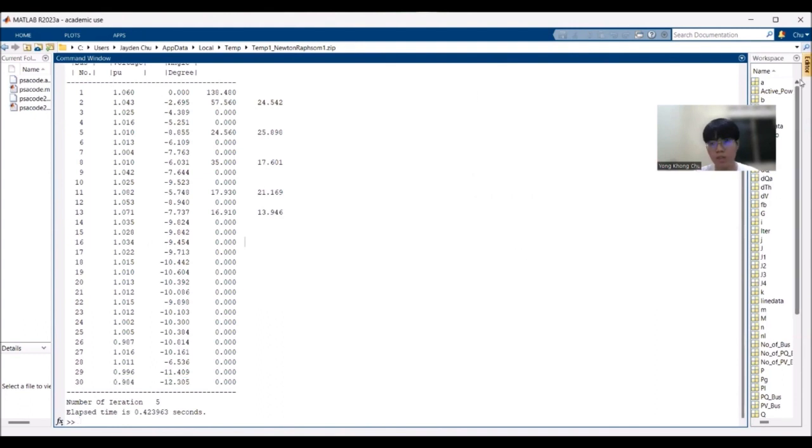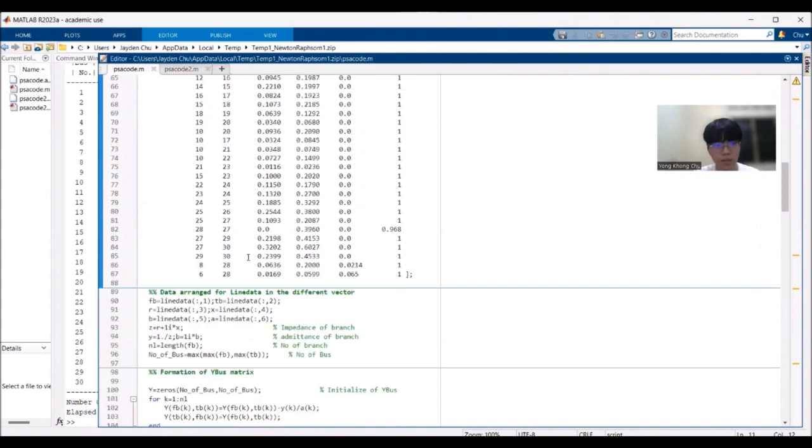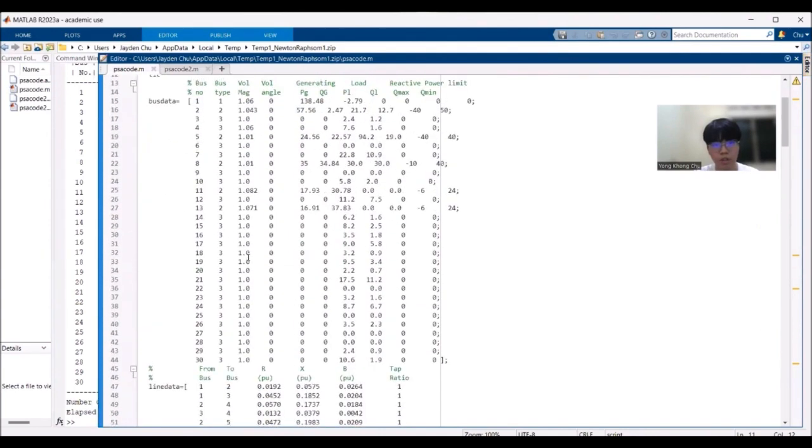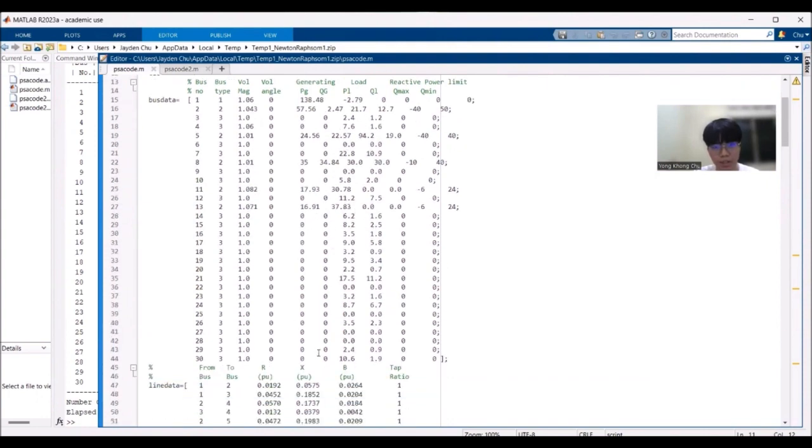So we go back to the simulation, and at bus 30 we change the value of the power load and the reactive power by an increment of 100%.